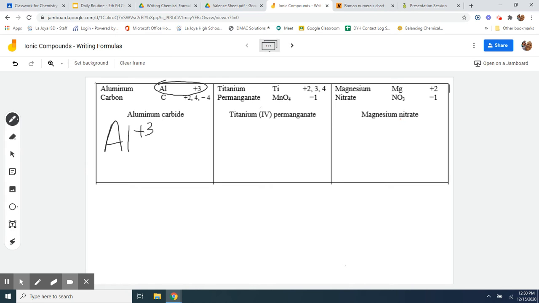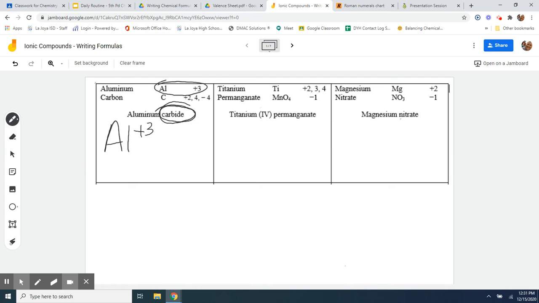Now, the reason I want to discuss is because look at here. Carbide. What did I say is the second part? What is the charge for the second part of the name? If you know that the first part is positive, what is the charge for the second part? Should it be positive as well?